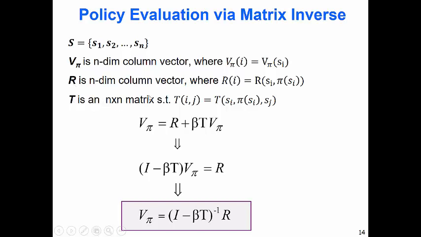And T is going to be a matrix where Tij is the probability of transitioning from state i to state j under the action of the policy. All right? So that's an n by n matrix. And if you look at these definitions and you go back to the equation I had on the previous slide, this is a nice way of writing down the value function of a policy in vector notation.